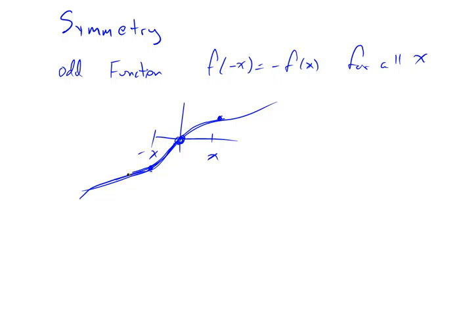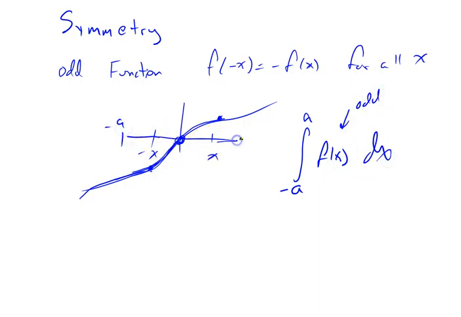There's an interesting thing here: if you have an integral from minus a to plus a of some odd function dx, so start over here at minus a, end up over here at plus a, then all the negative stuff and all the positive stuff exactly cancel each other out, and that integral is equal to 0.